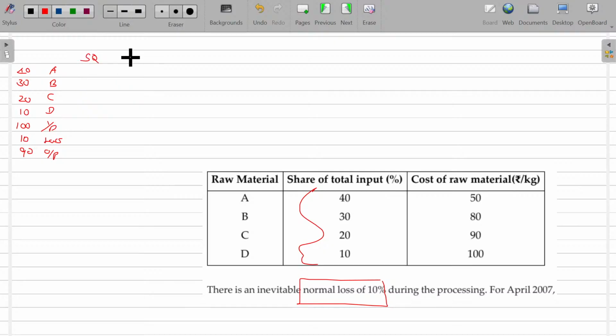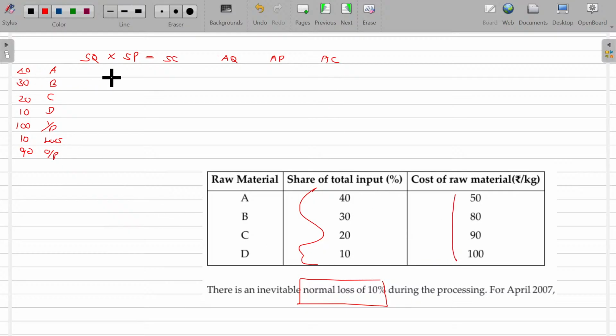Standard quantity, standard price. And of course you can multiply to get the standard cost. You multiply this so that you'll get the standard cost also in a tabular format. Similarly, actual quantity, actual rate, actual price and actual cost.